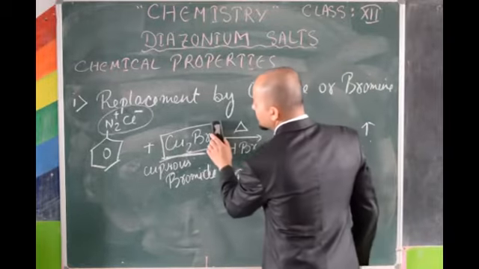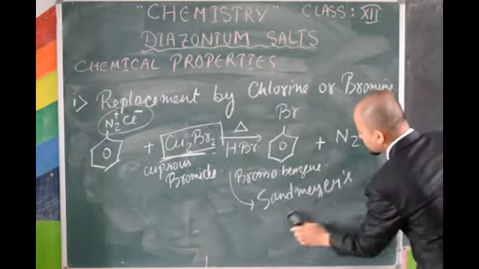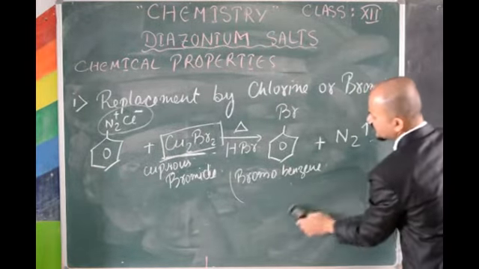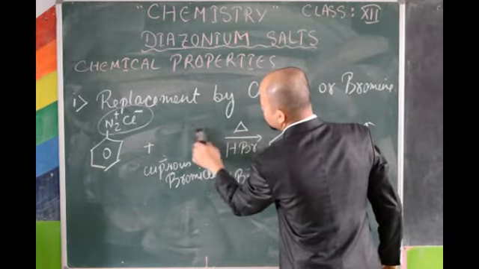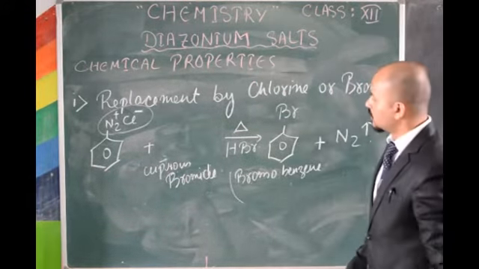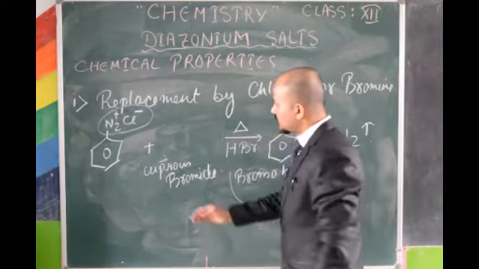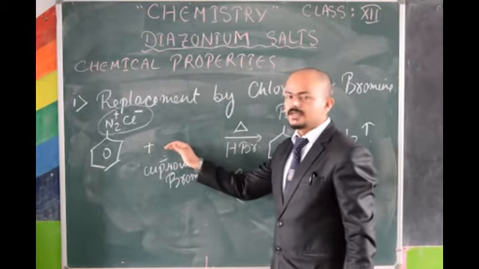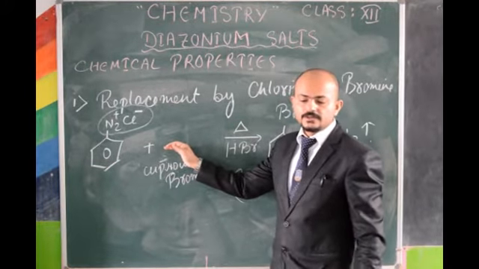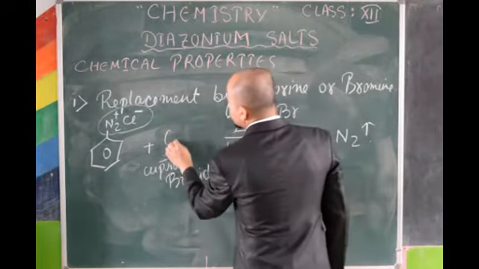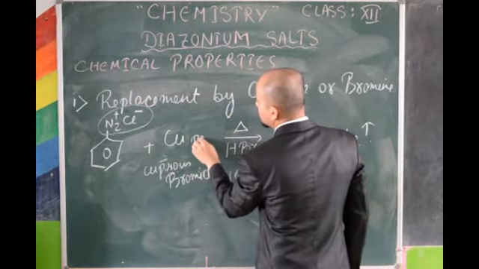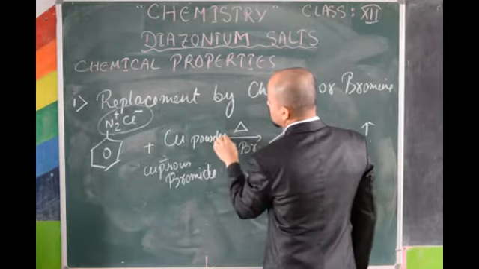Now in case of the Gattermann reaction, instead of cuprous chloride or cuprous bromide, we will be using only copper powder.